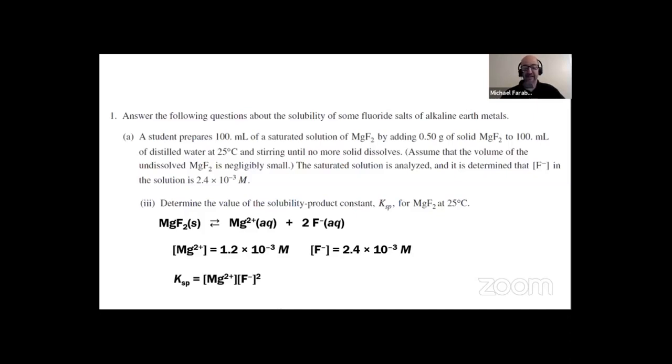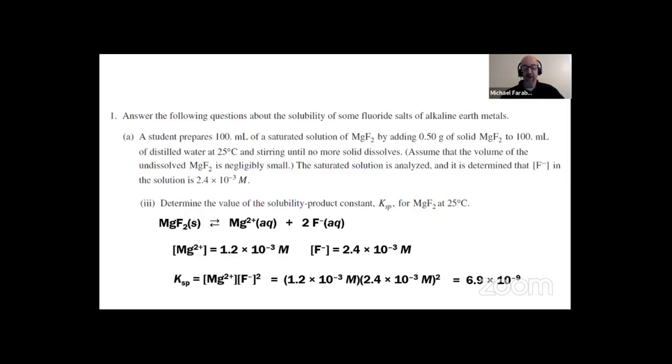If we plug these numbers into our KSP expression, that's 1.2 times 10 to the minus 3 times 2.4 times 10 to the minus 3 squared, then we get our value for the KSP, the solubility product constant for magnesium fluoride, 6.9 times 10 to the minus 9.